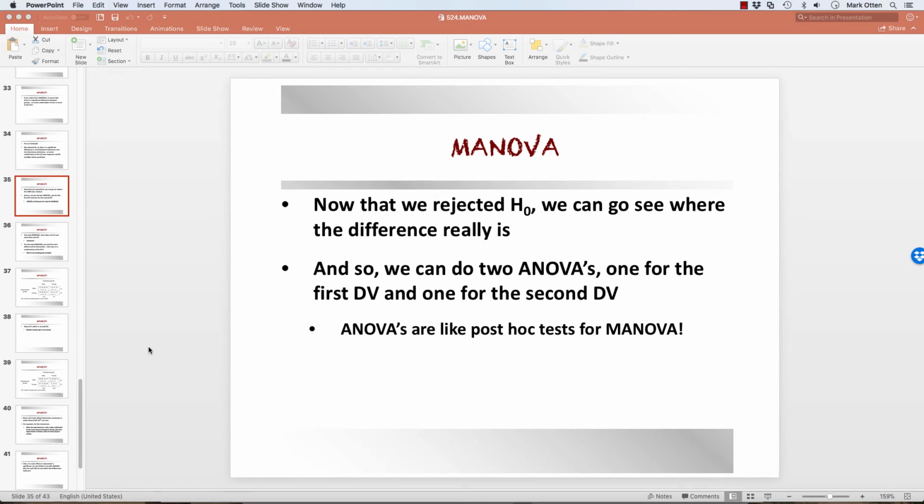What that means is doing two ANOVAs. And for these, I actually went back to Tabachnick and Fidell, and I couldn't find what their recommendation was on making a Bonferroni correction here. So I'm going to go ahead and recommend it to be safe, just as if you're doing post hoc t-tests after an ANOVA.